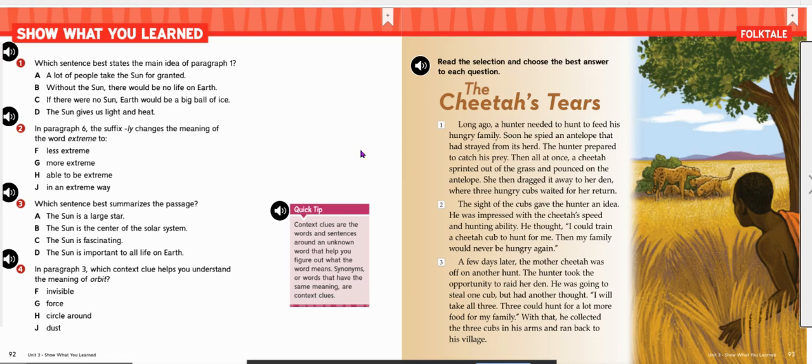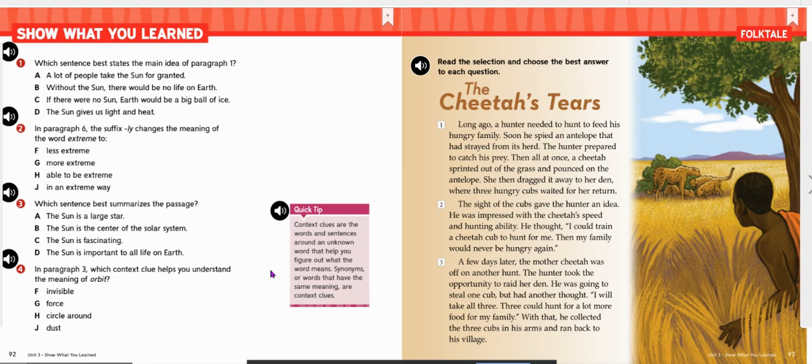Number 1 says, which sentence best states the main idea of paragraph 1? First, hopefully you remembered what main idea is. That main idea is what the passage or paragraph is mainly about. And where do you find the main idea?